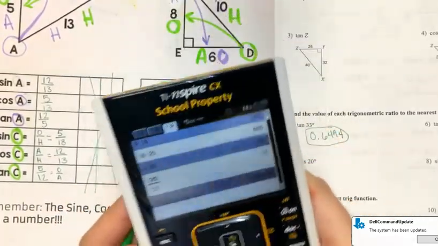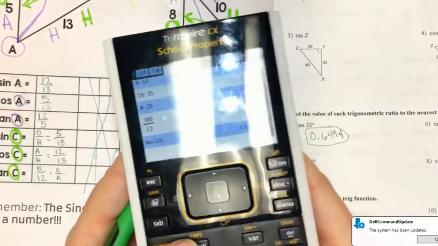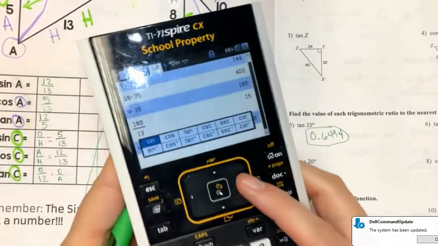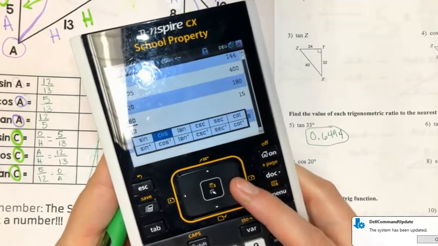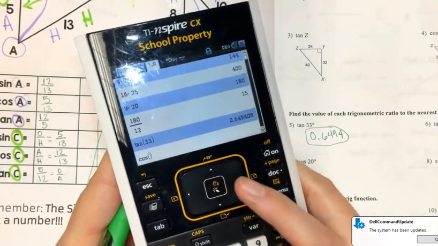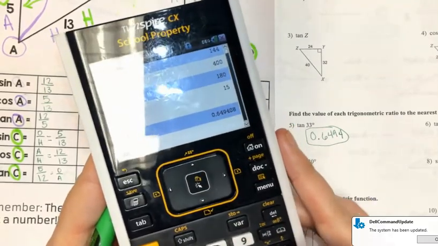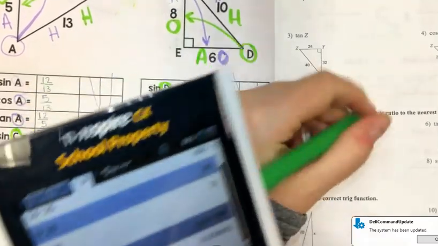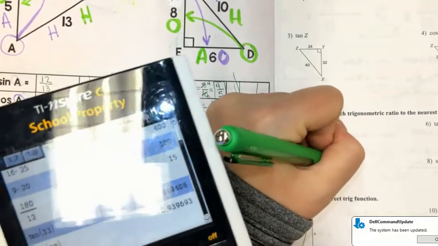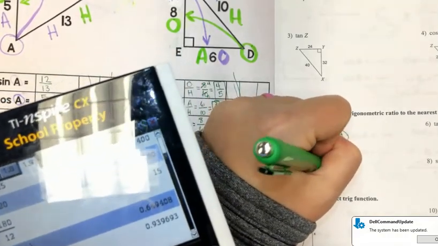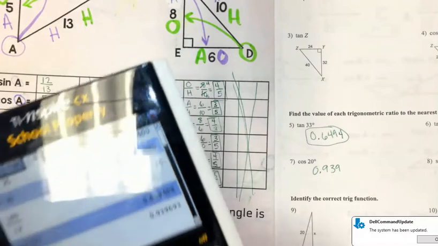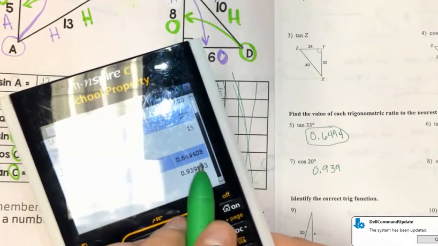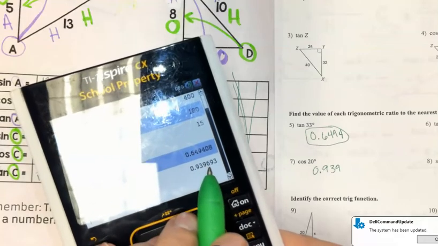Let's look at number 7. So trig, and instead of tan, we're going to now use cosine. So cosine of 20 equals 0.939, and then okay, 6 is the next number, but we have to look at the following number to figure out if we round the 6 up or leave it at 6.